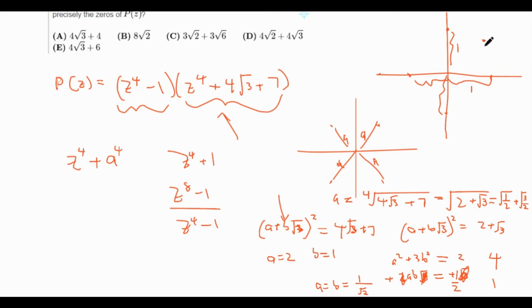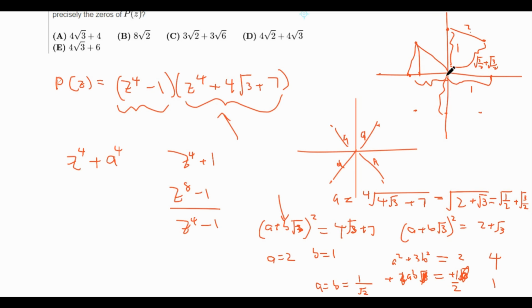So here are the roots of z to the power 4 plus 4 root 3 plus 7, where this distance is equal to square root of 1/2 plus square root of 3/2. And now we have to find this distance. What is this distance? To do this, we can use the Pythagorean theorem. So let's draw this thing and this height. So we want to find these two leg distances.